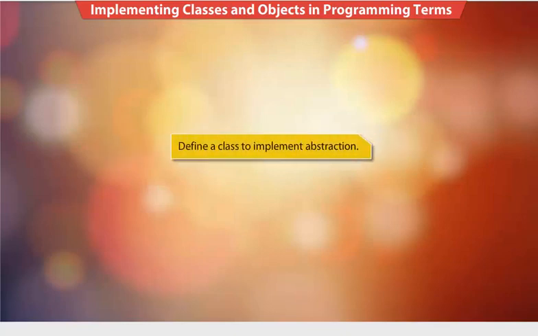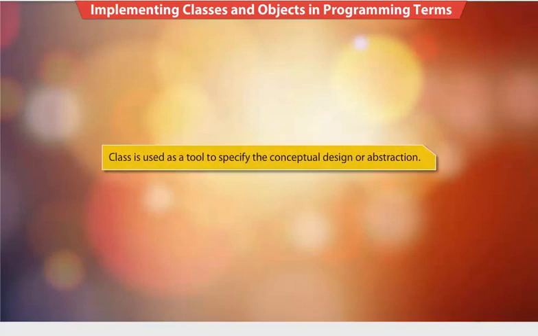Now let us understand the importance of defining class to implement abstraction. Defining the class is very essential in order to implement abstraction in programming terms. We also need to understand that class is used as a tool to specify the conceptual design or abstraction, but not real entity.